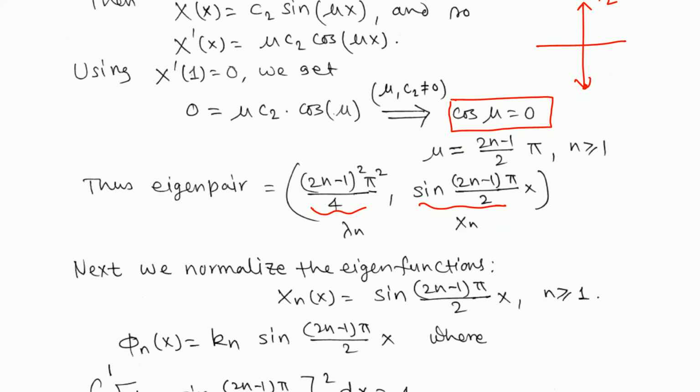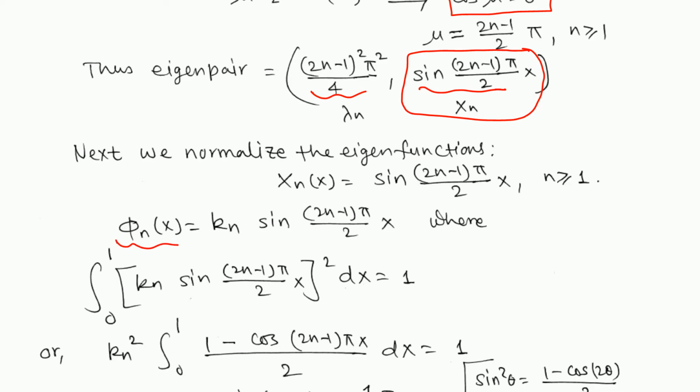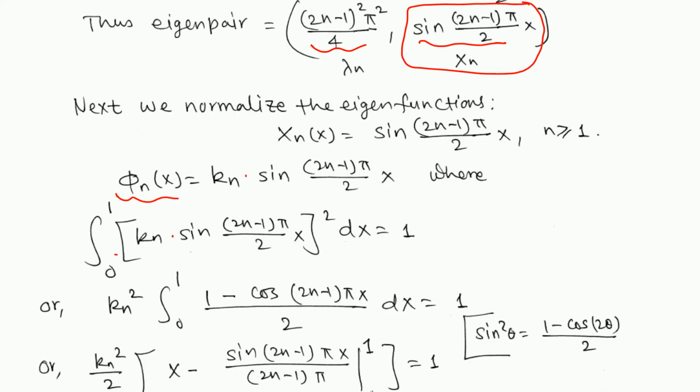Next we need to normalize these eigenfunctions, solutions of the eigenvalue problem, not the original problem. To normalize, we just multiply by a constant, and multiplying by a constant still makes the function a solution. The normalized eigenfunctions are the eigenfunction times k_n with the property that k_n squared times the integral of this whole thing squared dx equals 1.